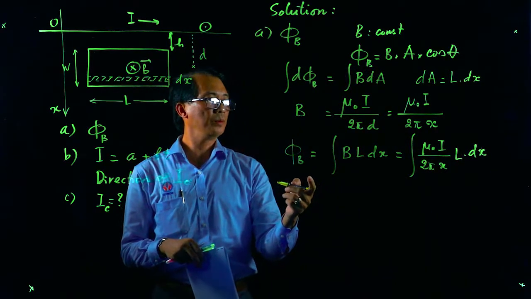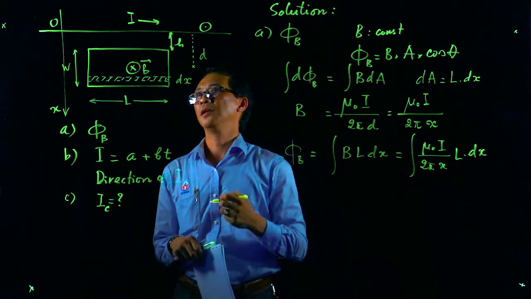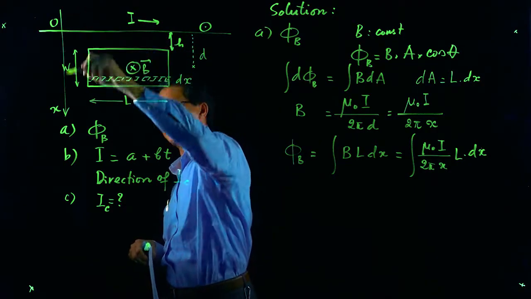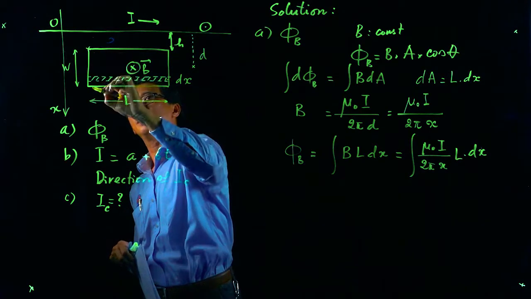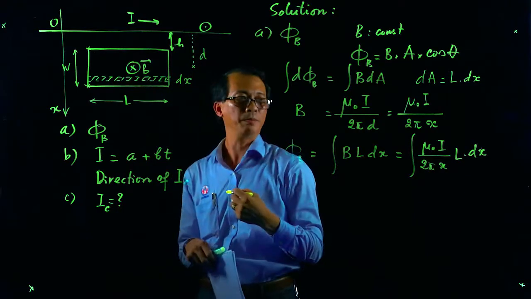But you have to determine the range for this integral. You will see that when we go along this x-axis, we will start from this point to this point to cover all of the area of the loop.